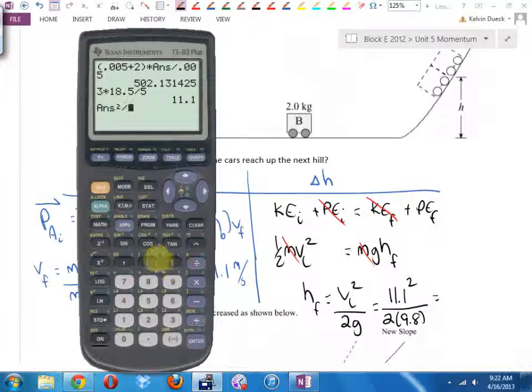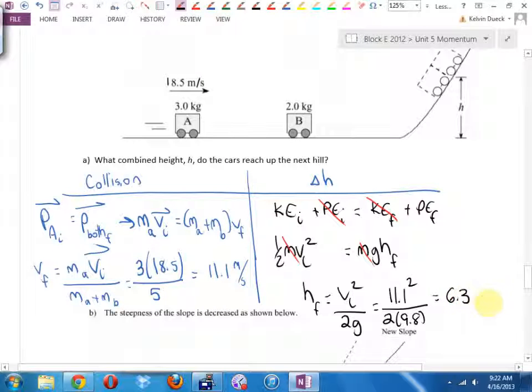Squared divided by, bracket, 2 times 9.8, or 19.6 if you can do that in your head. And I get 6.3 meters. Oh, that's a part B.